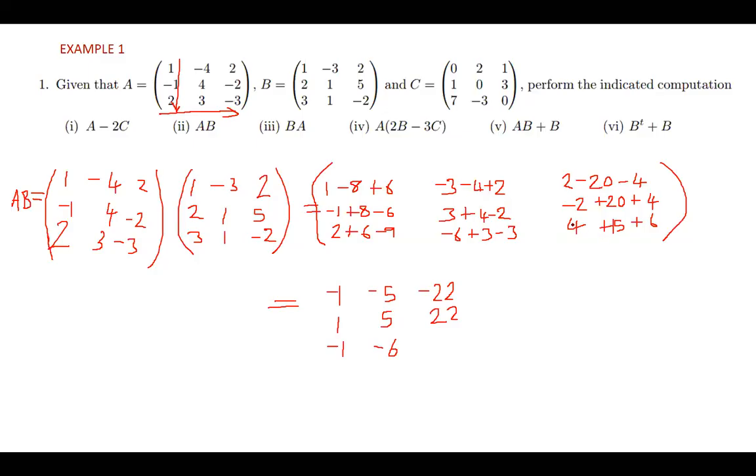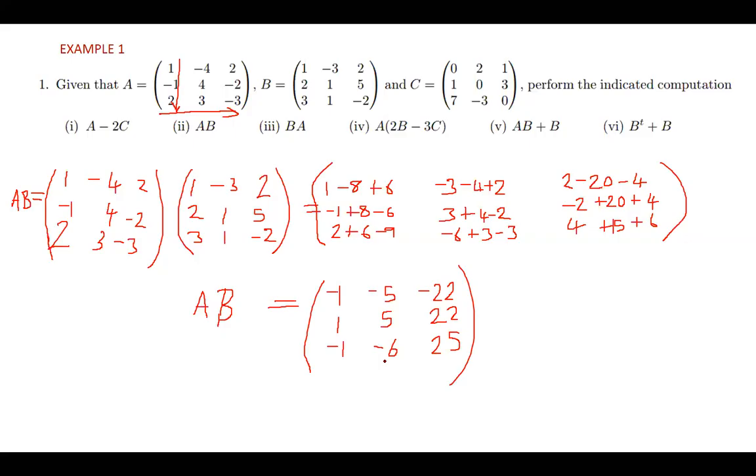So this is 4 plus 15, that is 19. And then 19 plus 6 gives 25. So this is the solution for the second part. So A times B is giving us that.